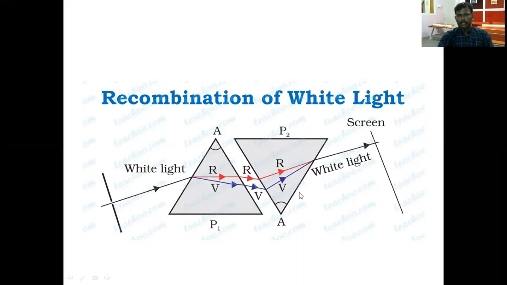If they ask this diagram in your upcoming exam, note that the white light enters from rarer to denser. It is rarer to denser. So that light ray bends towards the normal. So you apply that concept and draw the path of the light rays at each and every place. Okay.